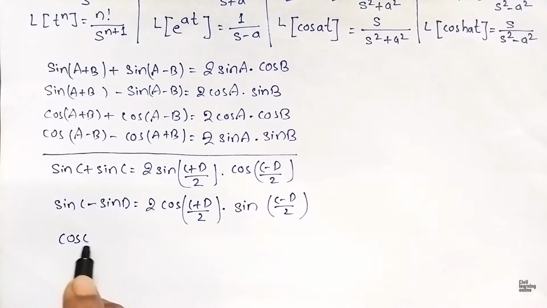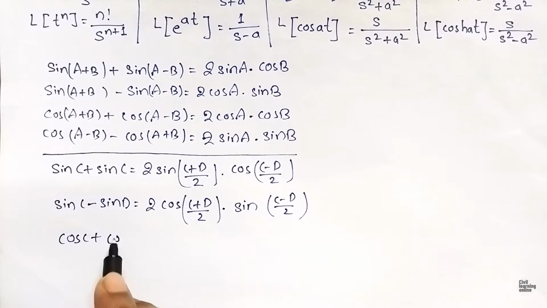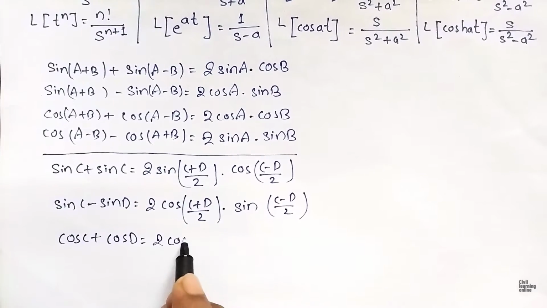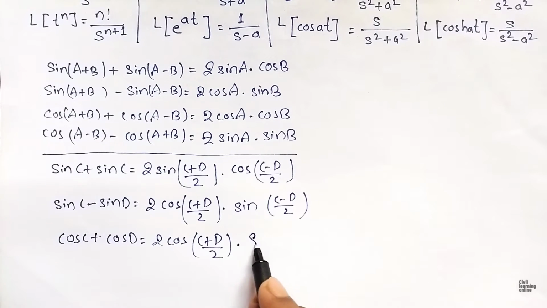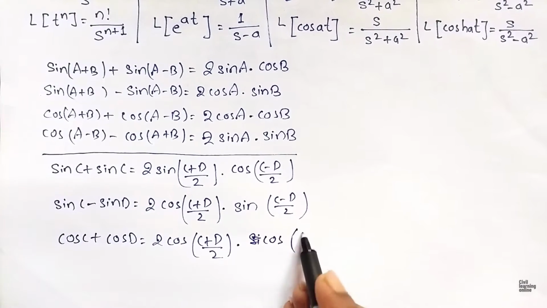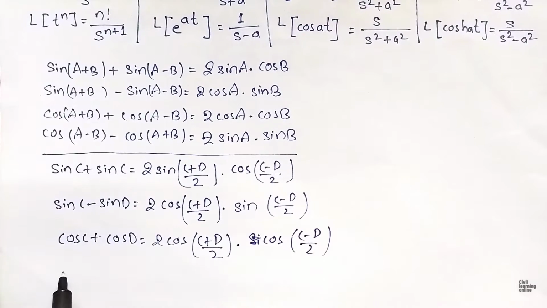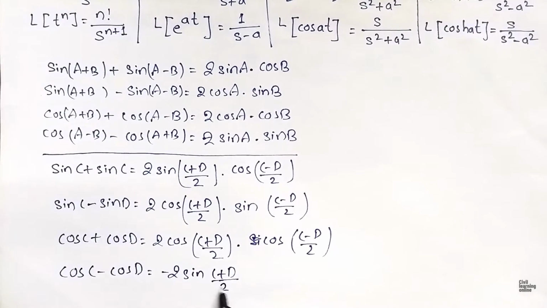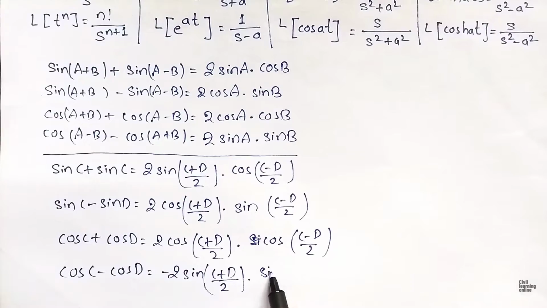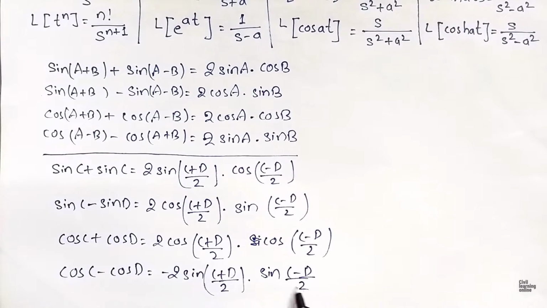Similarly, cos c plus cos d equals 2 cos c plus d by 2 times cos c minus d by 2, and cos c minus cos d equals minus 2 sine c plus d by 2 times sine c minus d by 2.